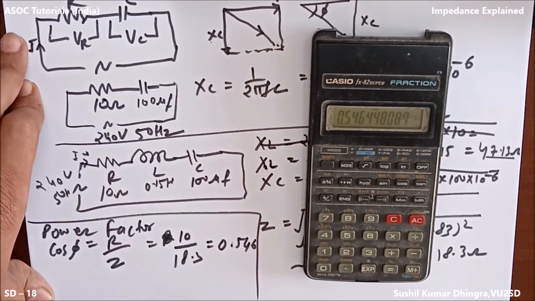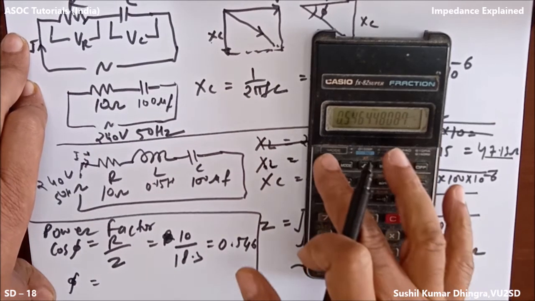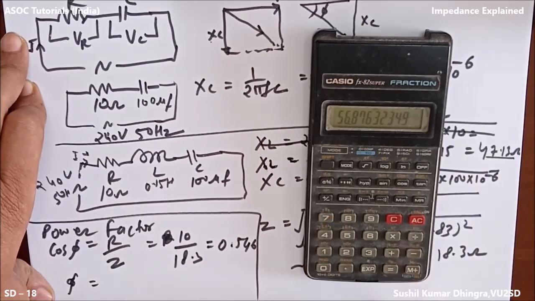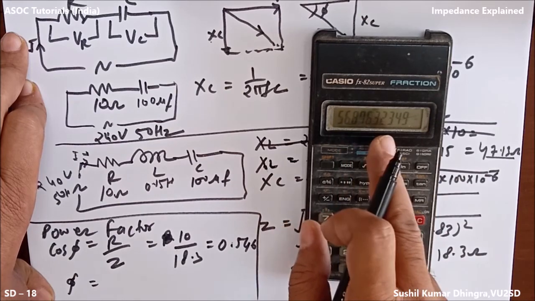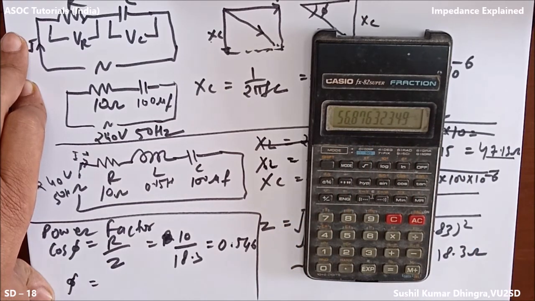But I have to convert it to the angle phi, because I need phi. Phi is equal to shift cos inverse, which gives 56.876, rounded off to 56.9 degrees. That is the answer.